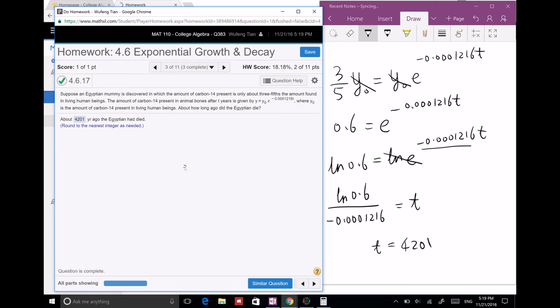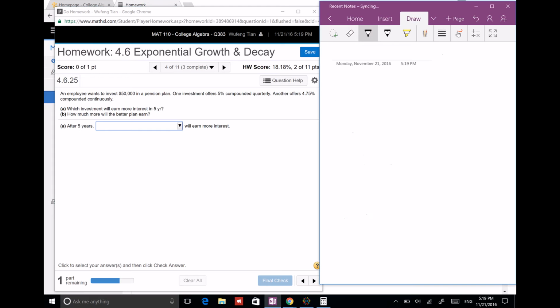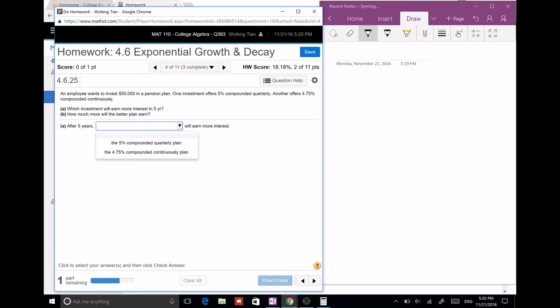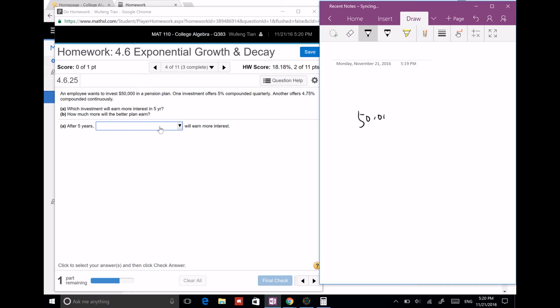Next question. An employer wants to invest 50,000 in one of two plans, one compounded quarterly and the other continuously. Which is more? So basically, for the first plan you've got 50,000 times 1 plus 0.05 divided by 4, to the power 4 times t years later.